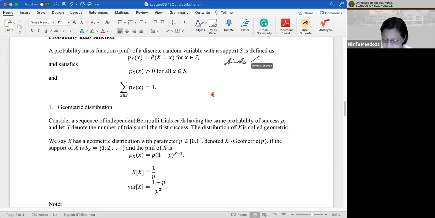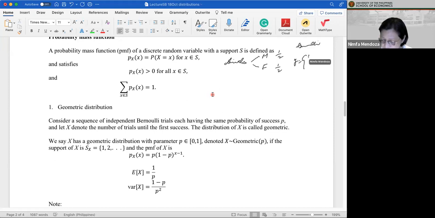A bird's gender can either be male or female, and let's say the probability of each is 1/2. Let us have Y, a Bernoulli random variable.